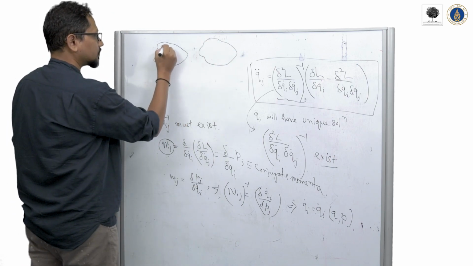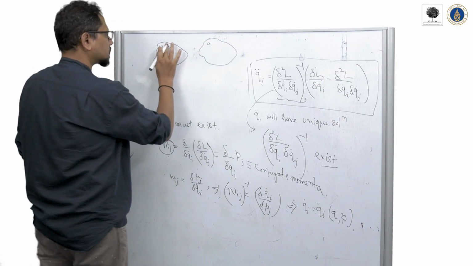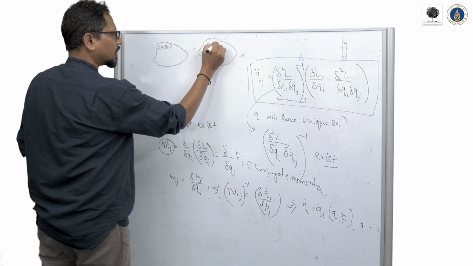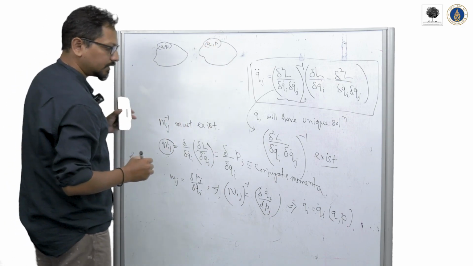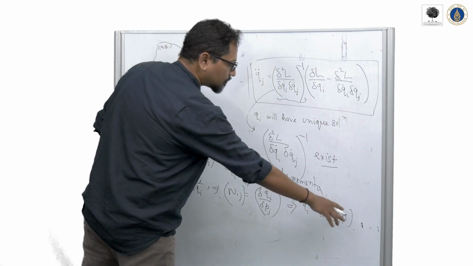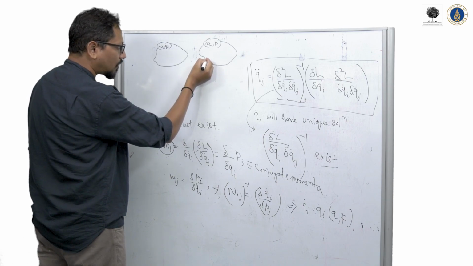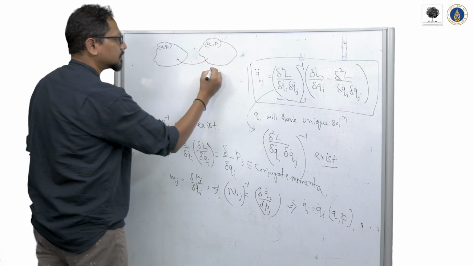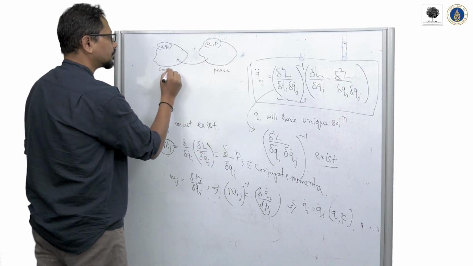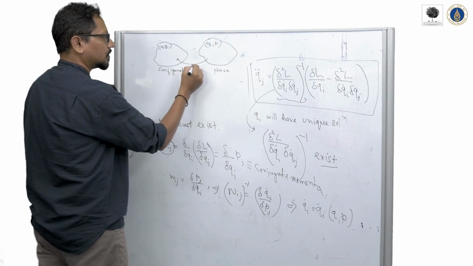One is the configuration space, Q and Q dot, and one is the phase space, Q and P. So the inability of writing Qi dot in terms of Q and P means that the inverse function from the phase space to the configuration space doesn't exist.